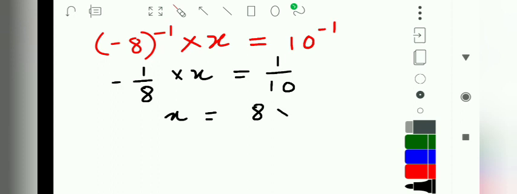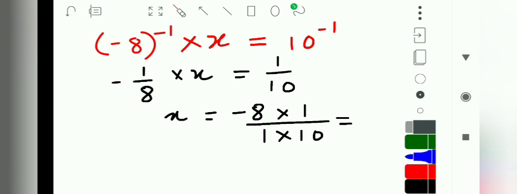Leave x on the left hand side and take all the numbers, all the constant numbers, known numbers to the right hand side. Just do cross multiplication.